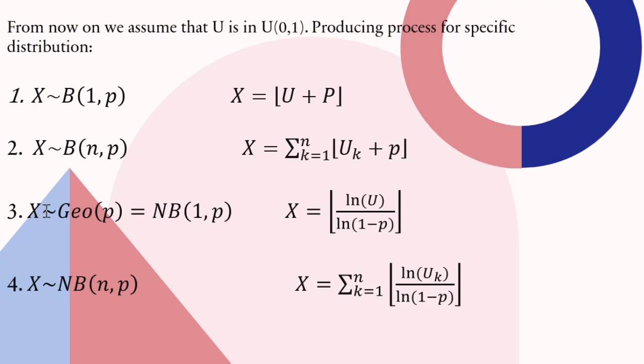And with this distribution, we only need to produce these two variables u, and use this equation. And the last one is the same. We only need to produce n uk.